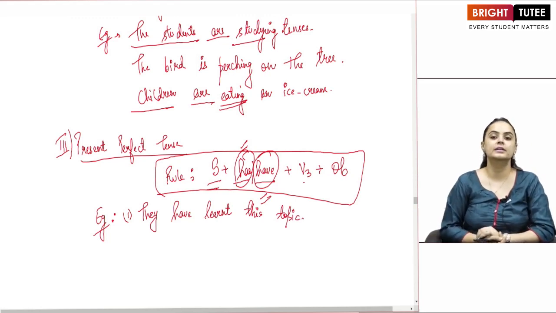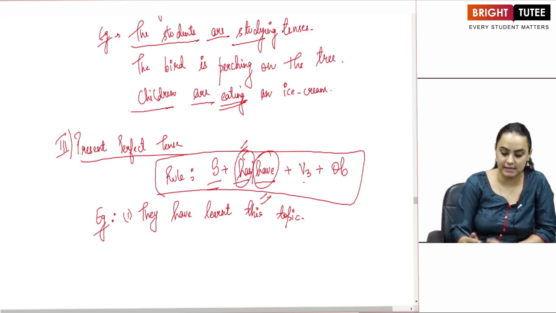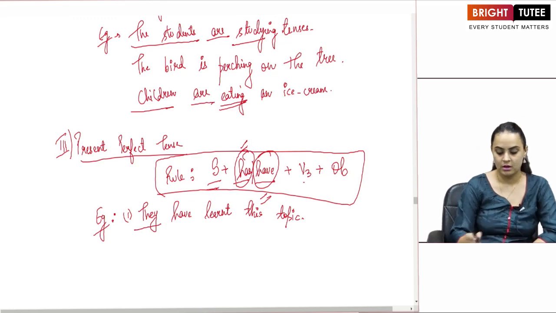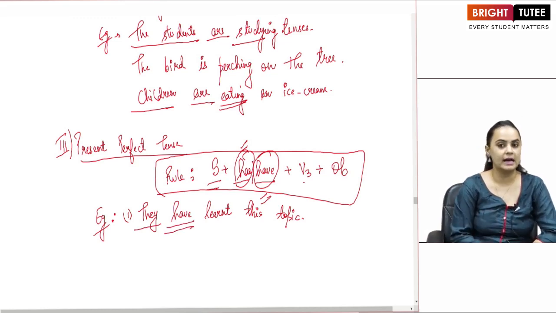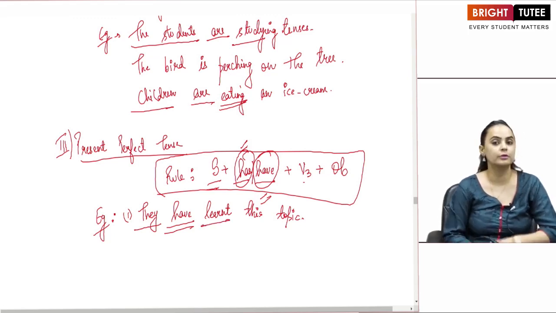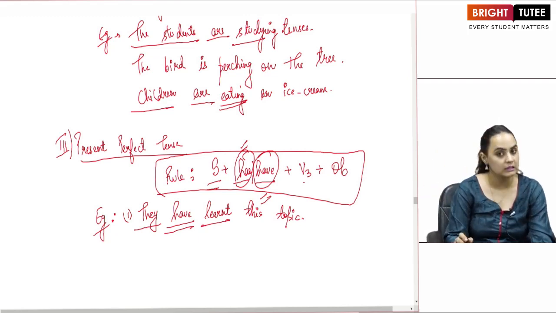For example, they have learnt this topic. What is my subject in this sentence? They, which is clearly plural. As the rule suggests, I have to use have if my subject is plural. So, have. Third form of the verb, learn, learnt, learnt. So, the third form is learnt.